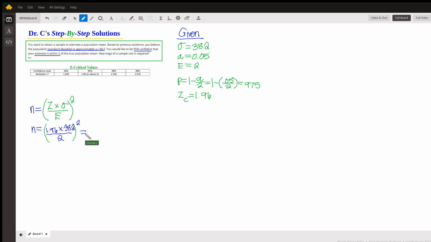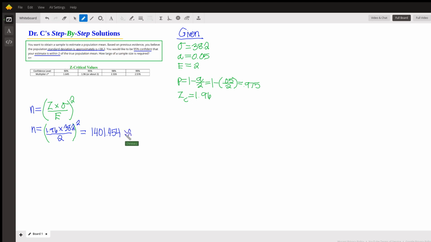Okay, so when we do that, 1.96 times 38.2 divided by 2, squared, that distinctly gives us roughly 1401.454. Now, when we're dealing with people specifically, we can't have 0.454 of a person, right?